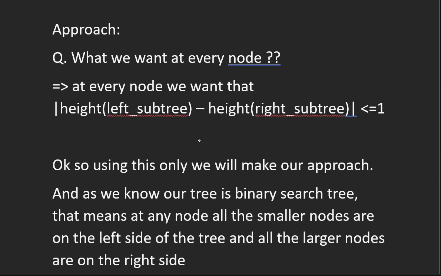If you'll think about what we want at every node, what should be there at this node such that the difference between the height of the left part and the height of the right part should be less than or equal to 1. So this is what we want: the height of the left subtree and the height of the right subtree should differ by at most 1.